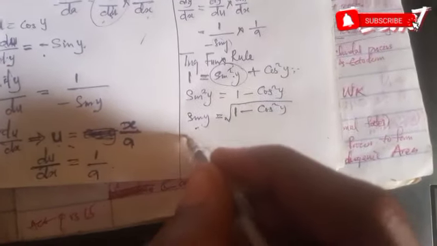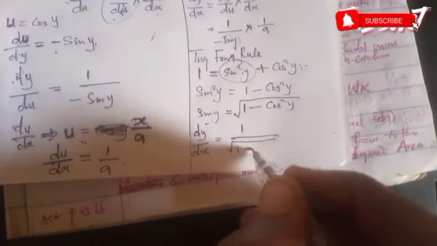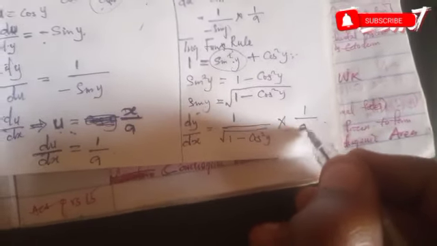So apparently dy dx is 1 over the square root of 1 minus cos squared y, times 1 over a. Do we get that now? To get the final answer, let's reiterate: dy dx is 1 over the square root of 1 minus cos squared y times 1 over a.